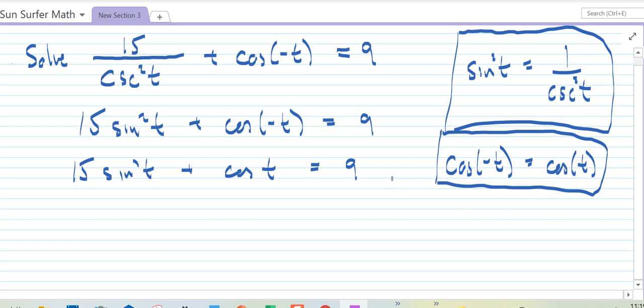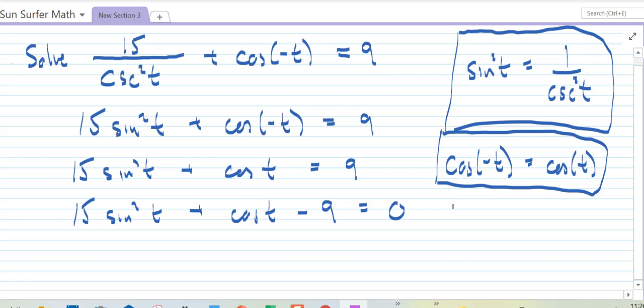The next thing I want to do is an algebra maneuver, not necessarily trigonometric. We want to have this set equal to 0 because over here we have a sine squared, so we have some form of a quadratic. So I'm going to bring the 9 over to the left-hand side and make it a negative 9.